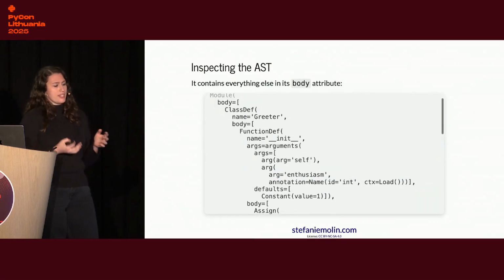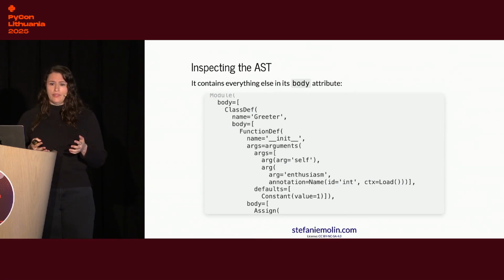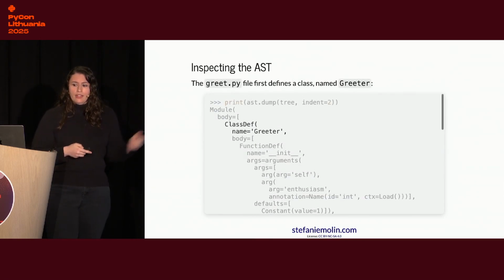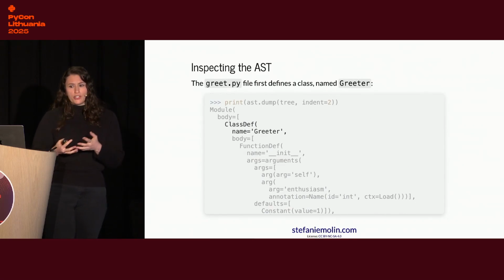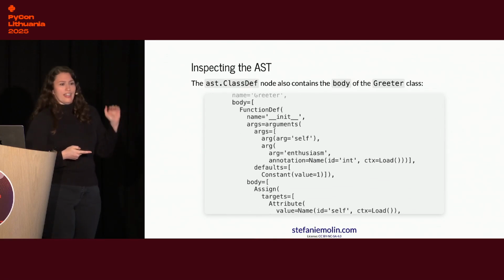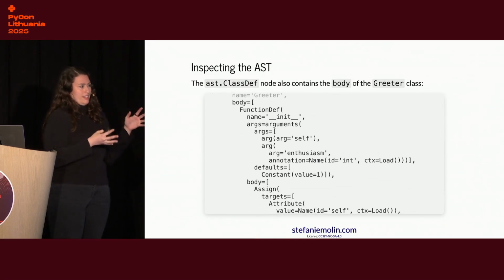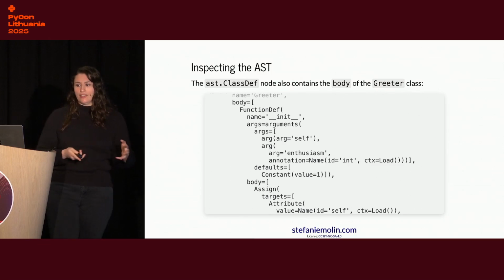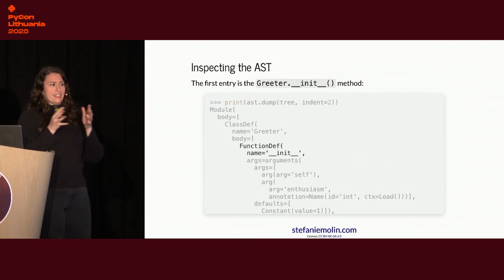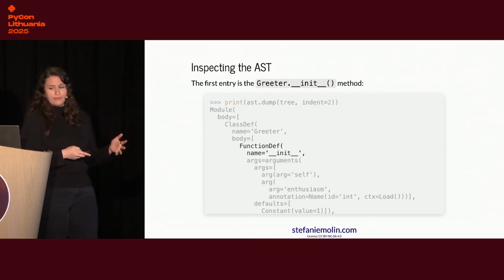The module itself then has a body, so the contents of that module, which you can see is a list. Then the first item in that list is a ClassDef node, so the definition of the Greeter class. Then that Greeter class has a body also, so that's the list of the AST nodes inside of it. So we can see that we have a FunctionDef node, and that is the definition for the init method.